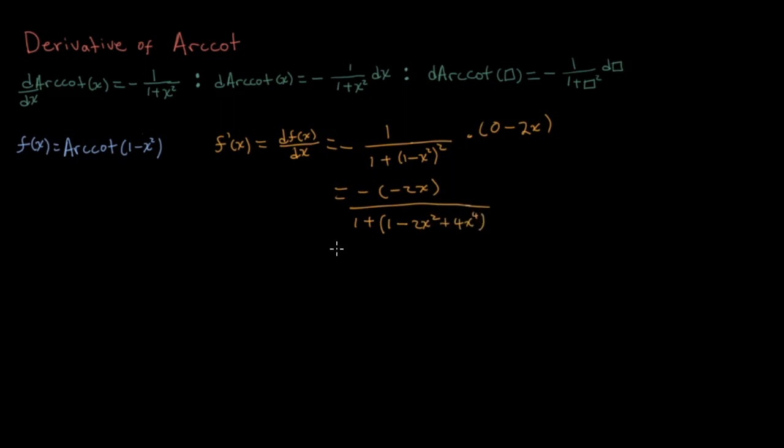And then we can go ahead and simplify this even more. So the two negatives in the numerator cancel out, so we have 2x over, and then when we get rid of these brackets, we can add up the ones here.